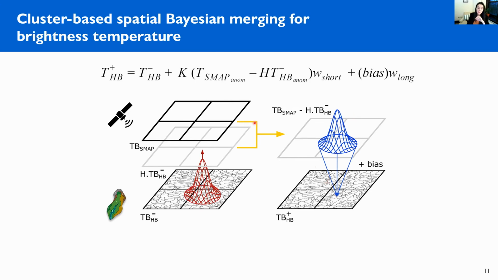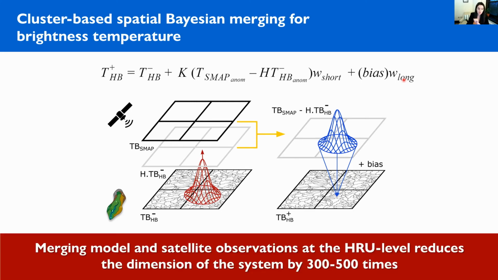Our merging scheme is split in roughly two parts, the anomalies and the bias. We constrain the contribution of the SMAP anomalies and the contribution of the SMAP bias using two terms that we call W short and W long. And how do we estimate these two terms?